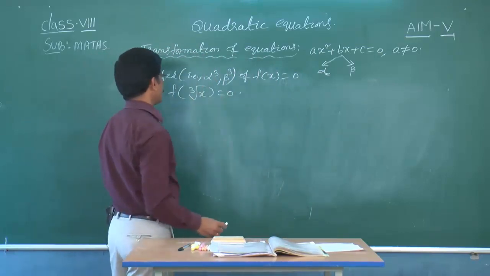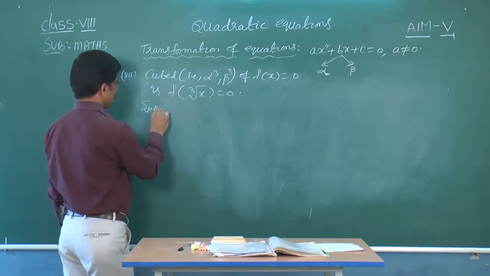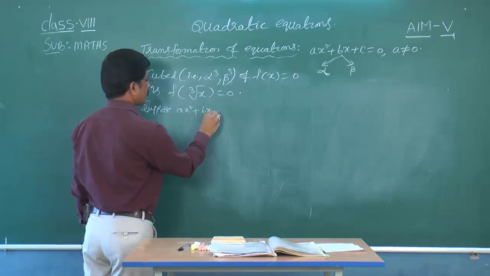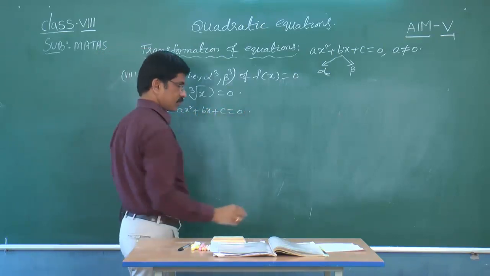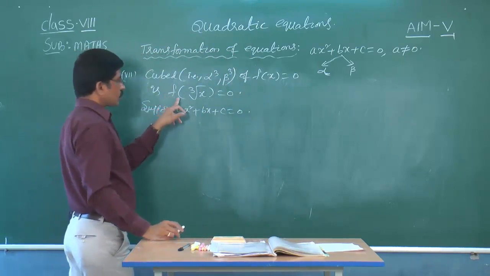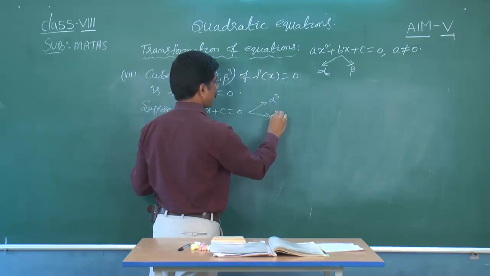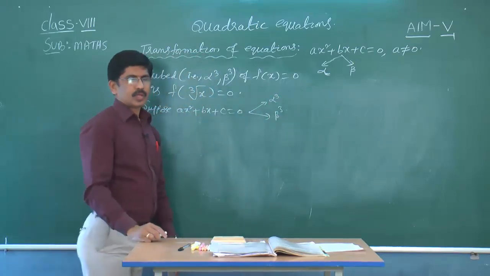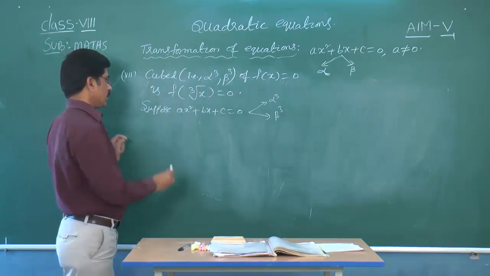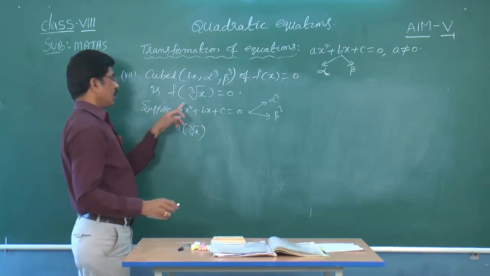Suppose we take ax square plus bx plus c is equal to 0. We are taking the roots cubed, alpha cube, beta cube, so we substitute the cube root of x in place of x.